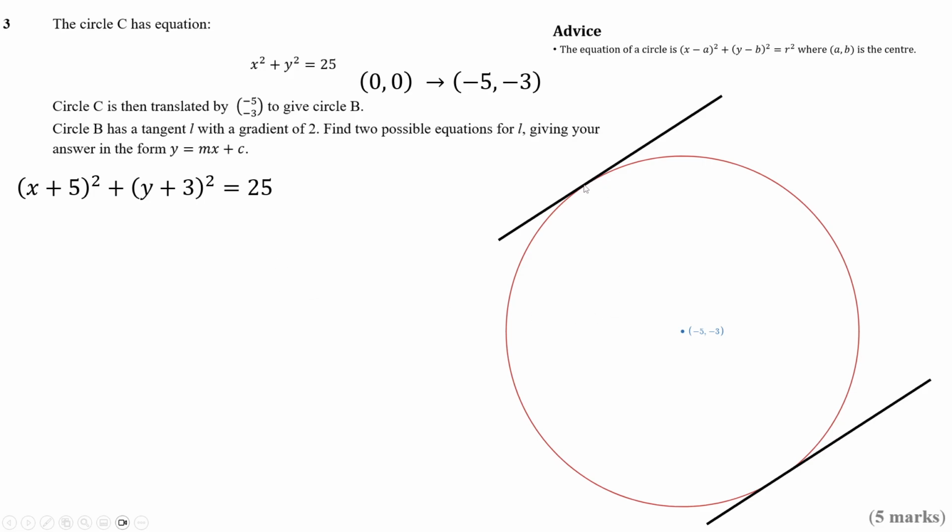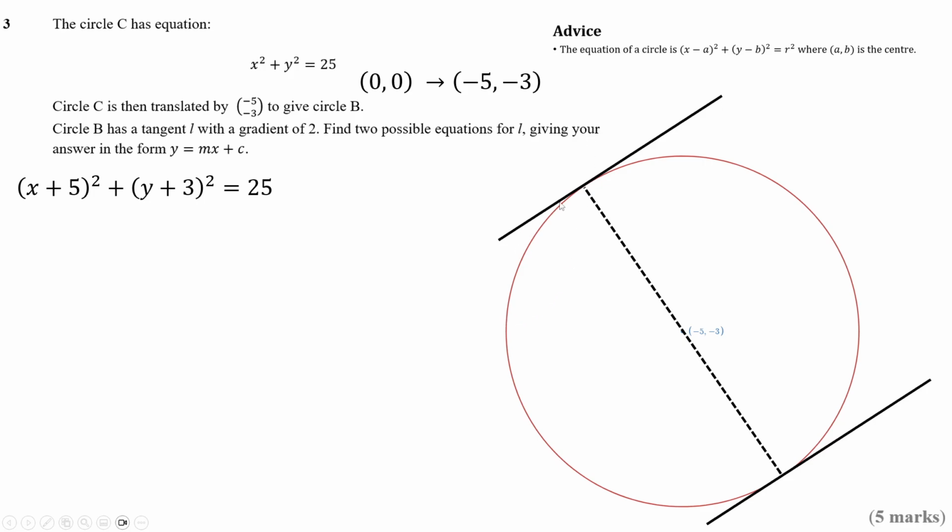But if we imagine a line that goes through this tangent here, where it touches the circle, through the center, and then through the other tangent, this is really useful because we know what this gradient is, which means we know what this gradient is. Okay, and if we know the gradient of this line and we know a point that goes through it, we can find the equation of it. And by doing that, we can solve this simultaneously with this equation of the circle.